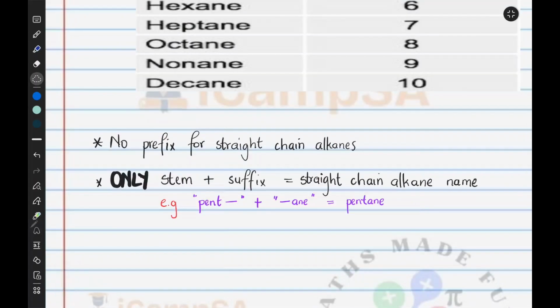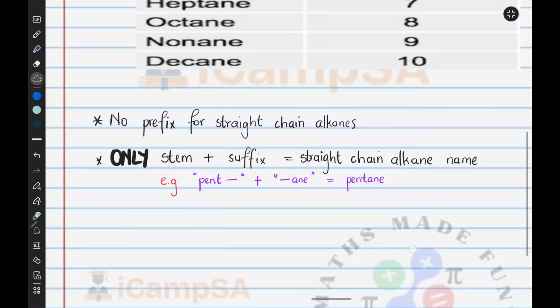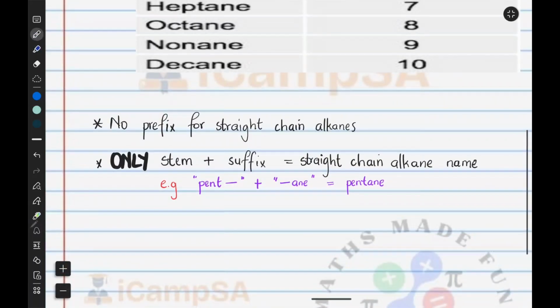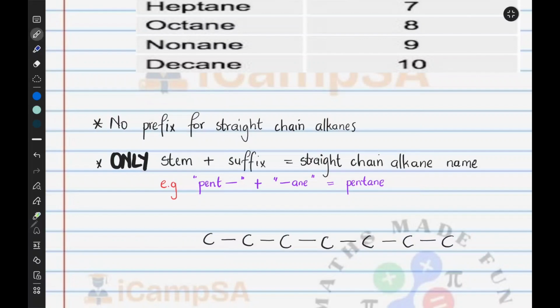Now, what would the structural formula of pentane look like? It would have 5 carbon atoms. So it would be 1, 2, 3, 4, 5. When we say it's a straight chain, this is what we mean. It's just a chain of carbon atoms bonded to one another, and of course they are also bonded to hydrogen atoms. So now we can add our hydrogen atoms.